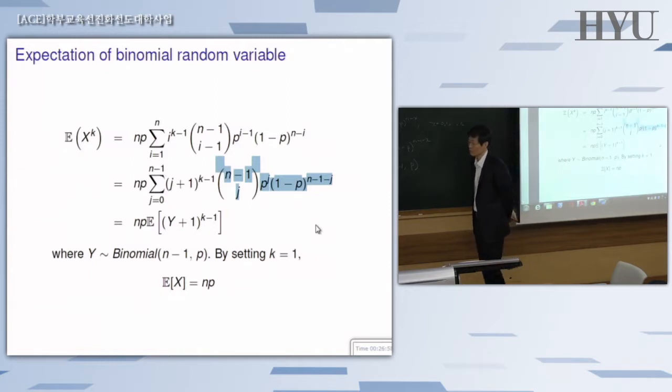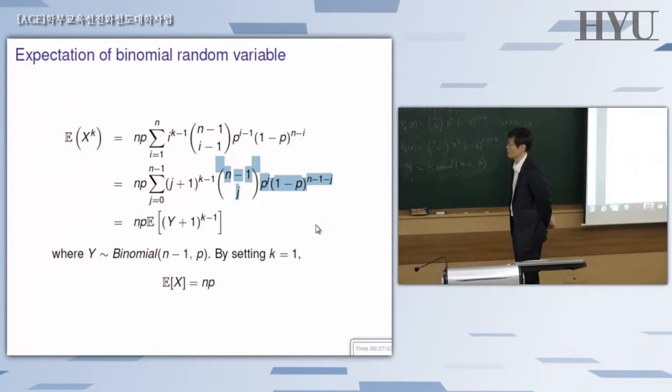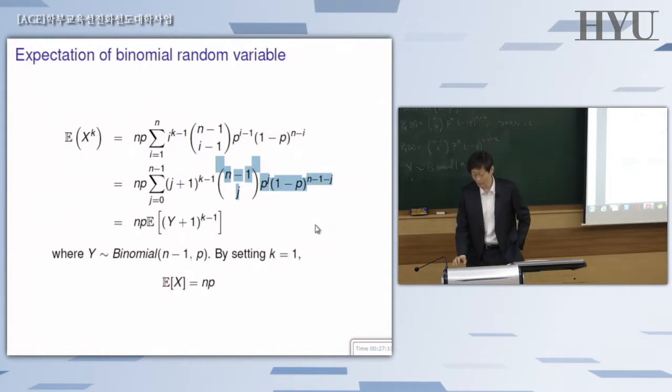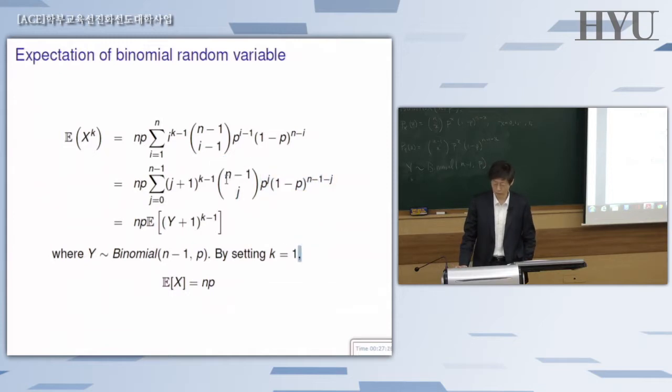So it's nothing but the probability mass function of another binomial. The only difference between the previous binomial and this newly defined binomial is that the number of trials is one less than the previous amount, but the success probability stays exactly the same. But then, having said that this highlighted part is the probability mass function of another binomial, why do we know that that's the expectation of this Y plus 1 to the k minus 1?